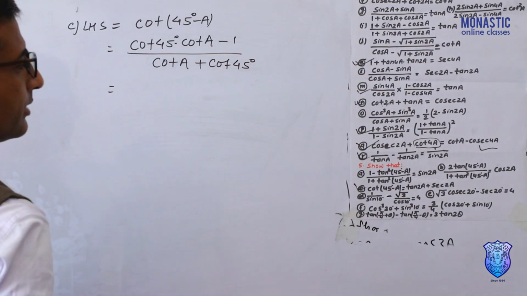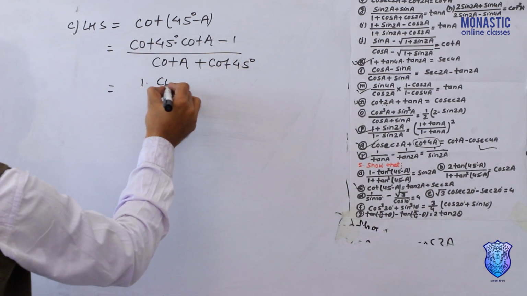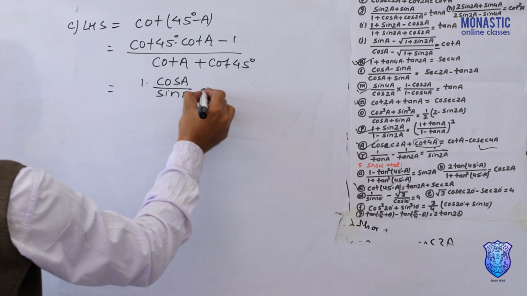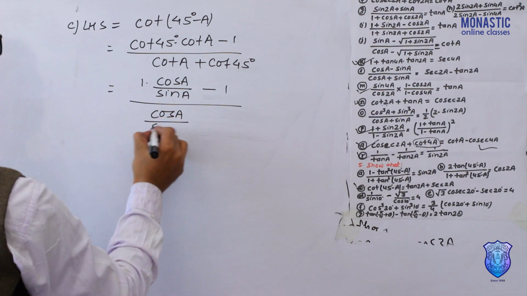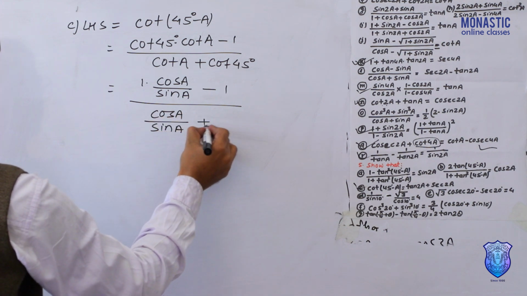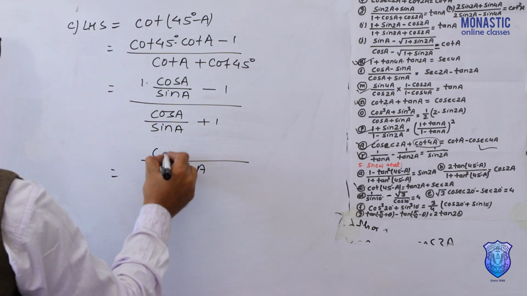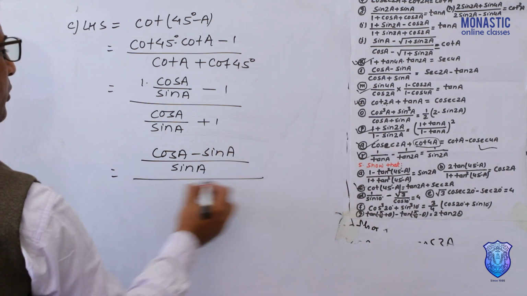We want the result in sin and cos. So write the formula of cot 45 and convert these into cos and sin. Take the LCM. In the denominator also do the same thing.